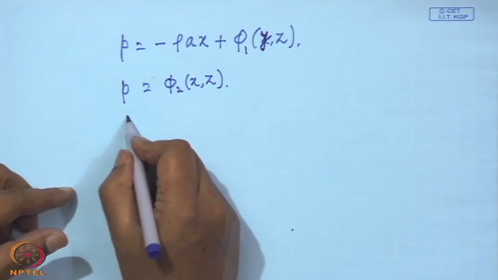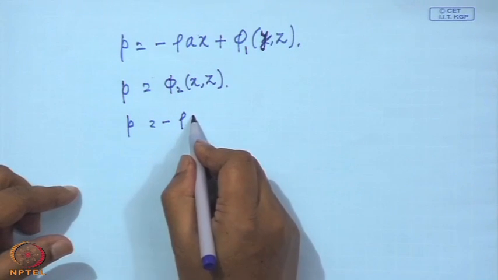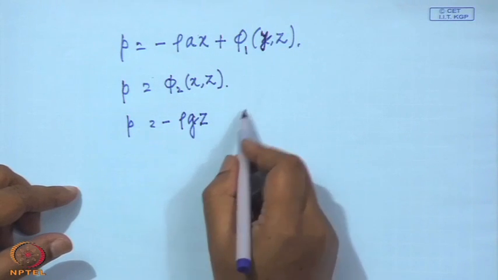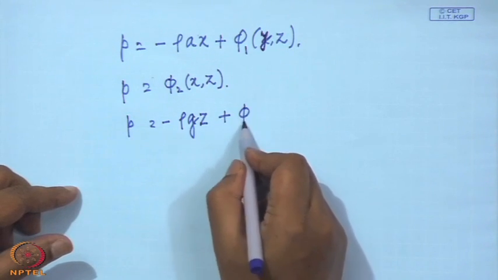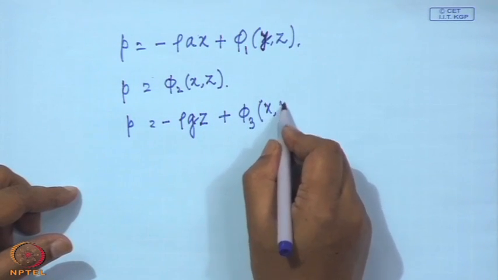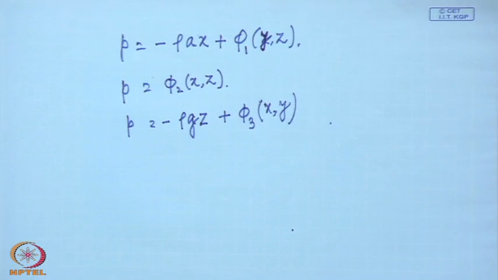And the third gives p equal to minus rho g z plus phi 3 x y. Then if we combine the three, what will we get?